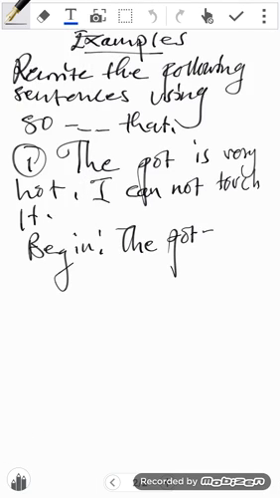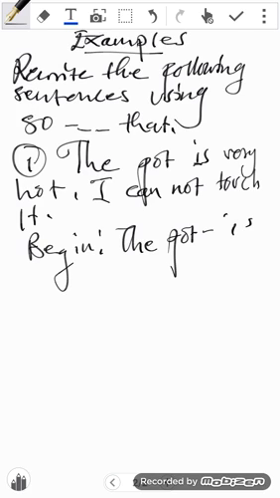So in this sentence, we have to begin with the pot, but make sure we involve so and that. So now, the be verb here is, which talks of the present. So the pot is very hot. So I'm going to write this sentence by saying the pot is.